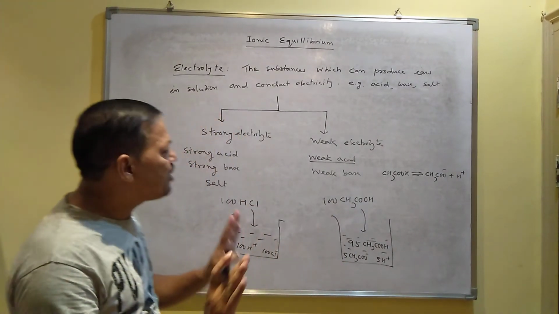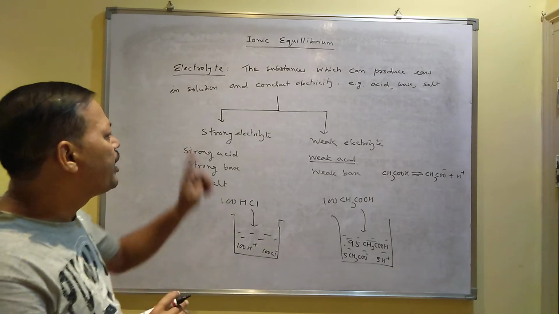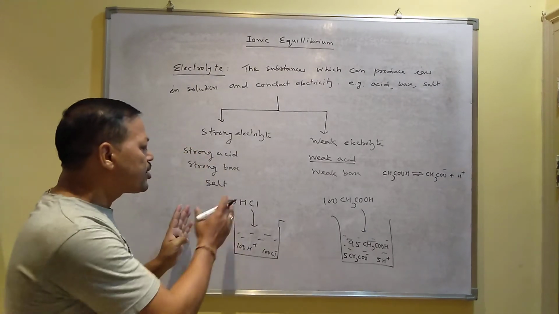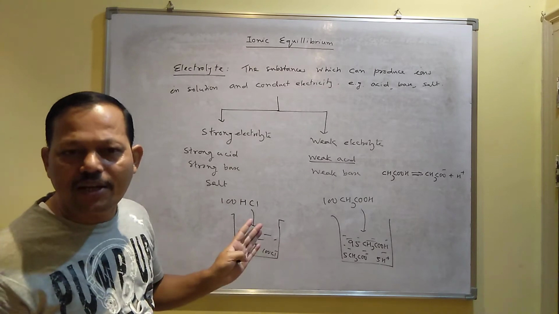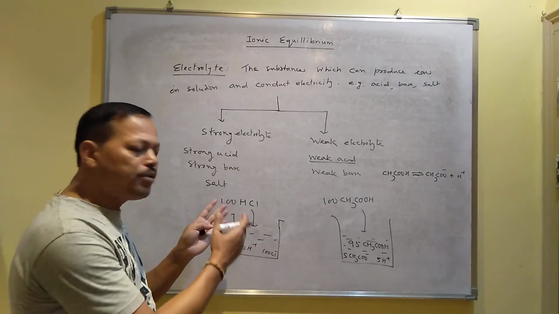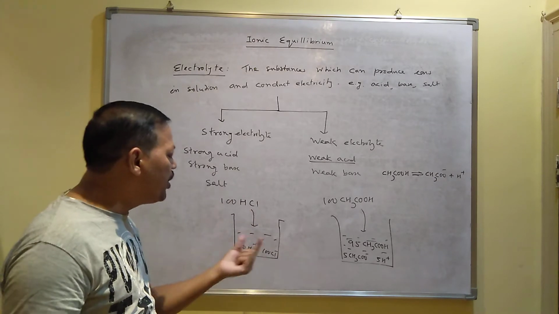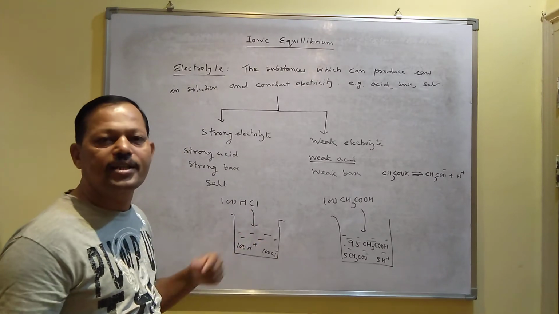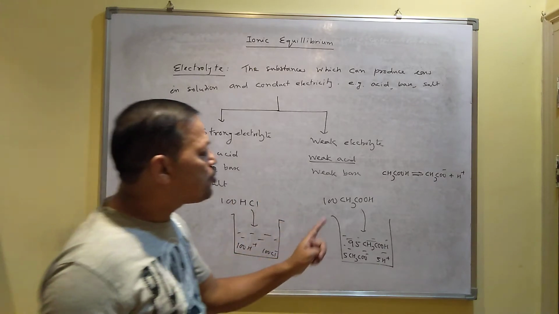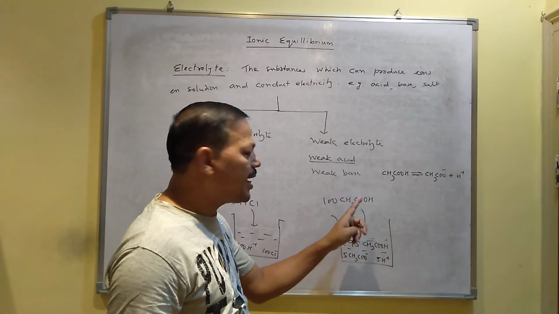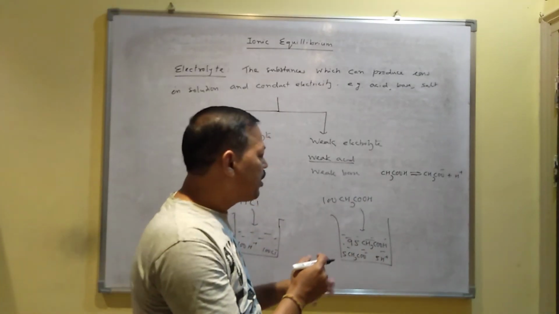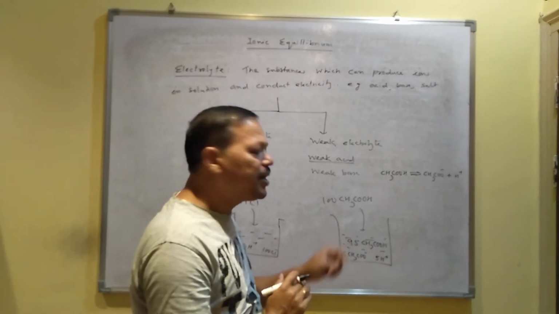Have you got it? What is the difference between strong and weak electrolytes? In case of a strong electrolyte, when you dissolve it in water, it undergoes complete dissociation, and that is why if it is 100% strong, then it will 100% ionize and there will be no undissociated molecule inside the solution. All you will get is ions. But in case of a weak electrolyte, whether it is an acid or base, if it is weak, when you dissolve it in water, it does not undergo complete ionization.